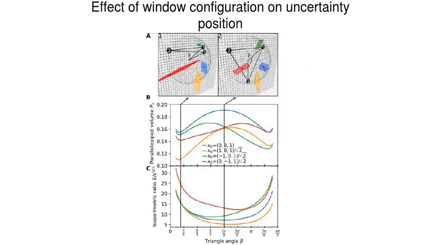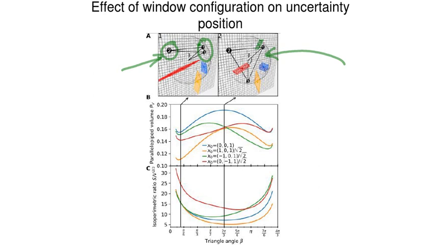So another example is how important is the position of the different windows. And so here you have 2 examples where you have this distribution 1, 2, and 3 compared to the case where you have an equilateral triangle.